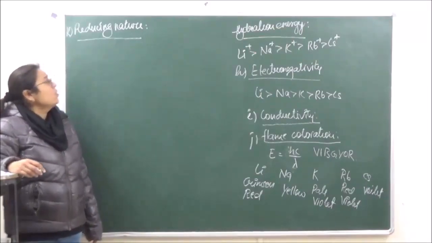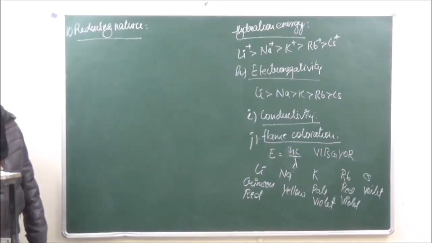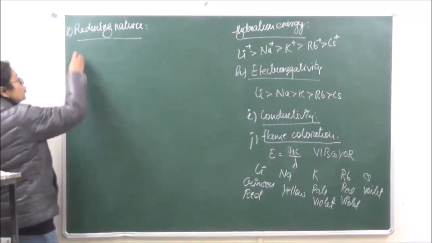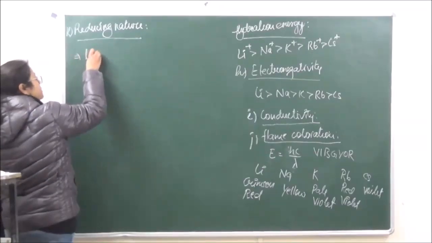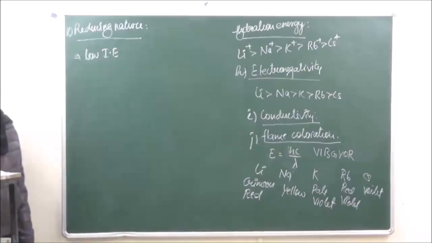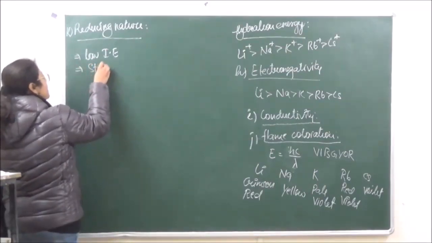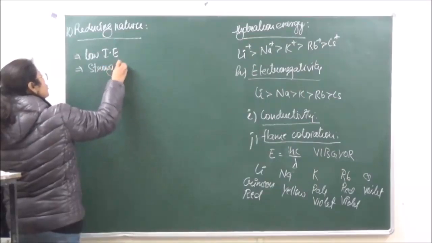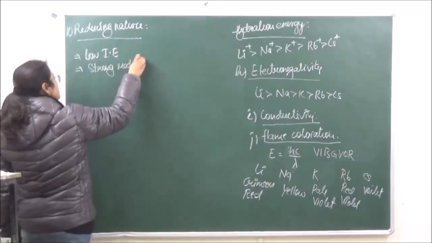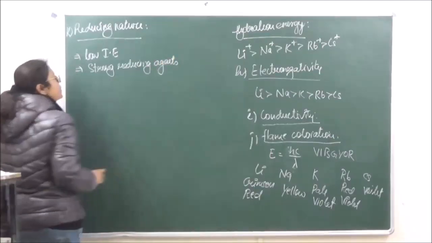So when we are talking of reducing nature over here, the reducing nature of the element is due to low value of ionization energy. So because they all have low value of ionization energy, they are going to behave as strong reducing agents.